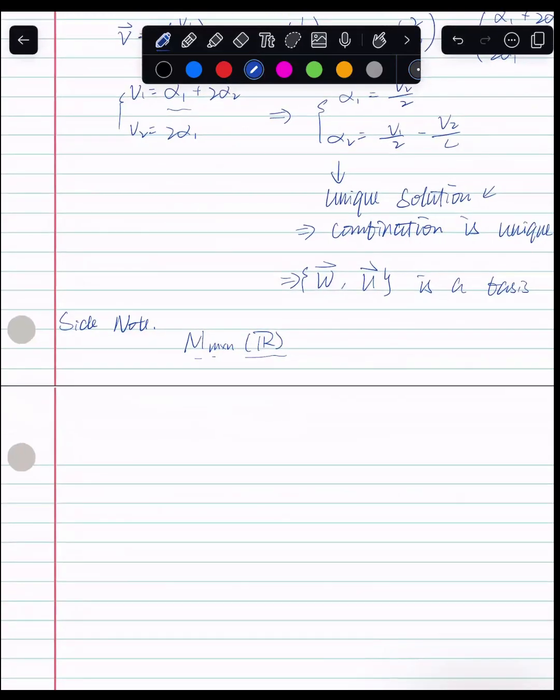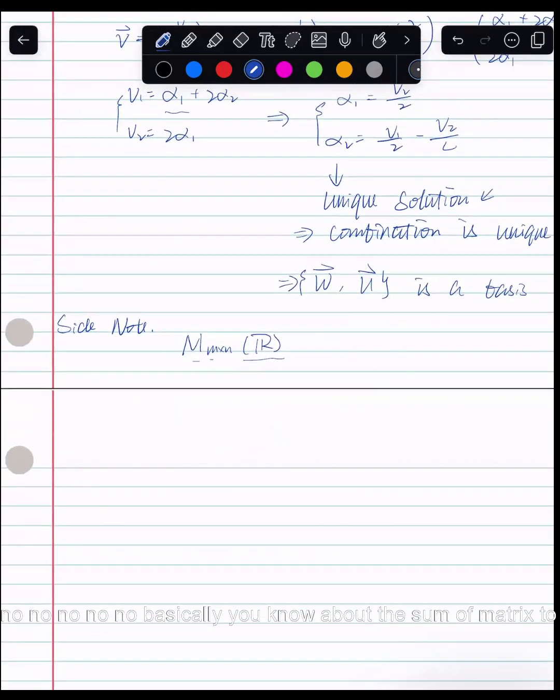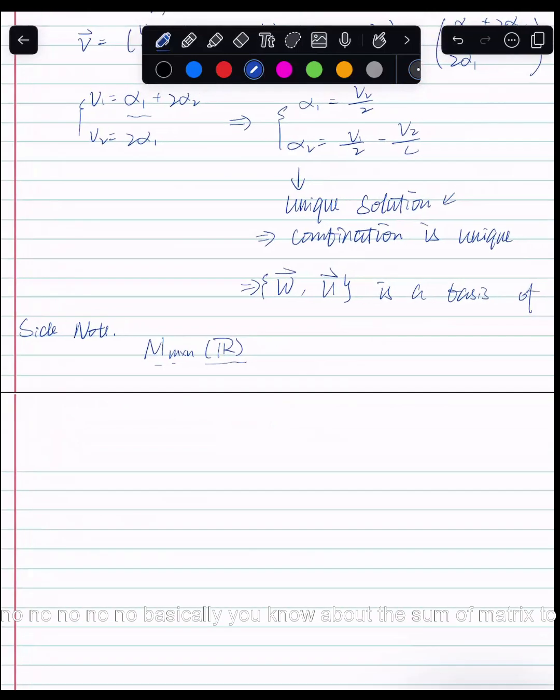Then basically we know about the sum of matrices.